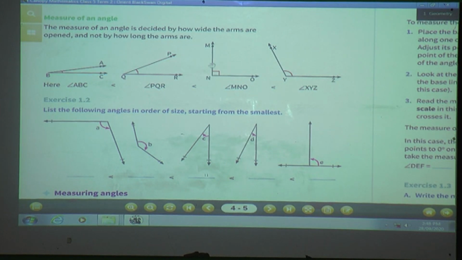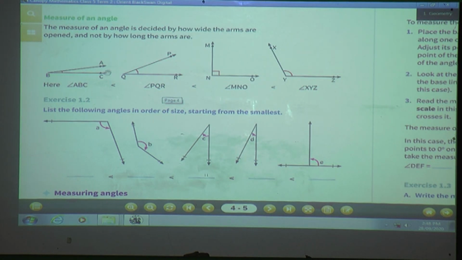Here are four figures: angle ABC, angle PQR, angle MNO and angle XYZ. See students, here they have arranged the angles by their sides, not by how long, but how wide the arms are.